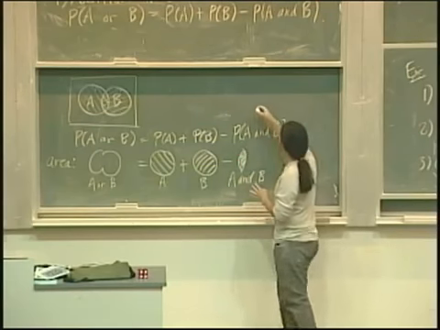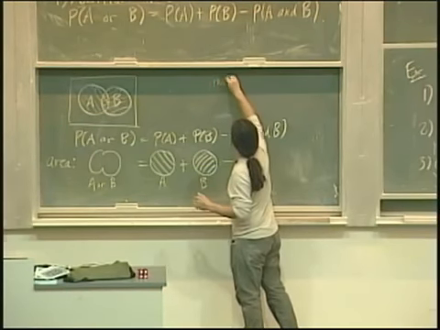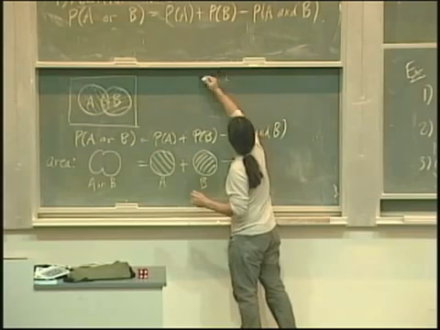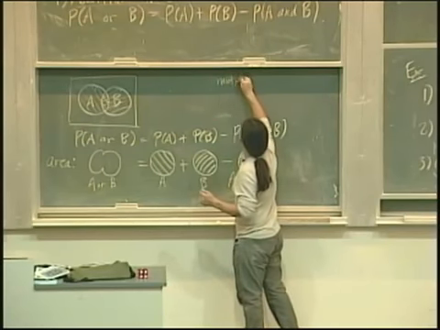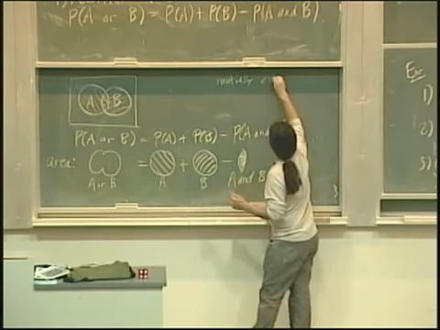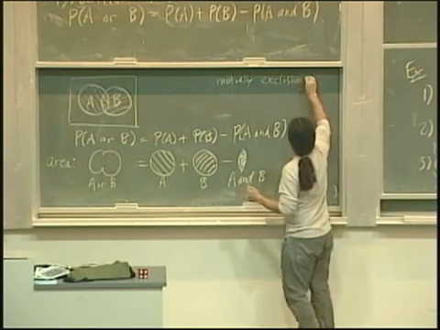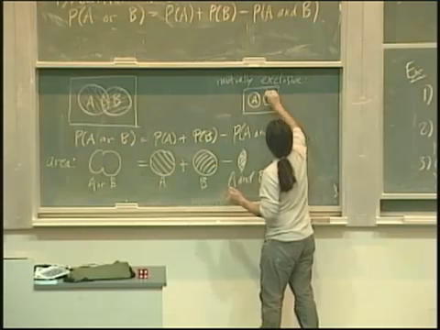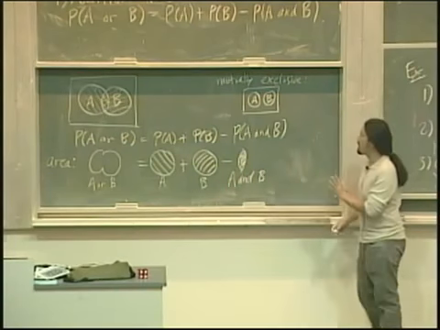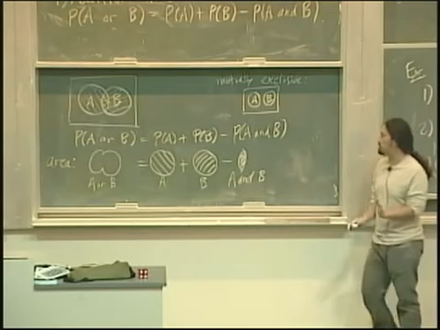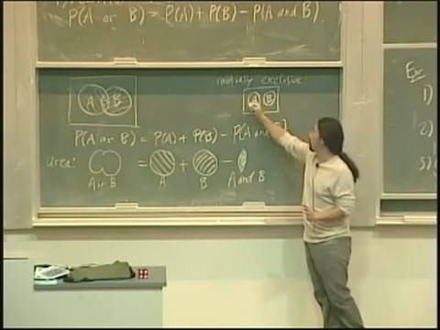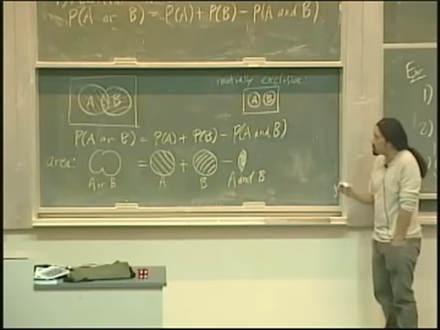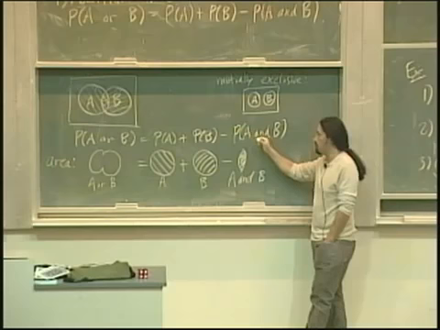I'll talk a little bit more about this later, but I just want to point out that there's a little bit of a difference between the way that I am describing this and the way the book is. So mutually exclusive would look like this. Okay? There's no overlap, so in that case, it's perfectly fine to just say the probability of A or B is the probability of A plus the probability of B. In general, you have to be concerned if they overlap.